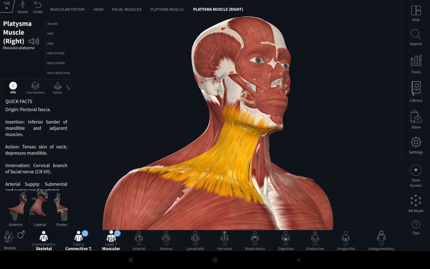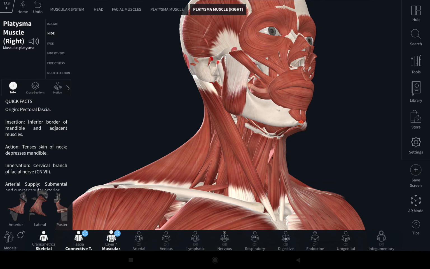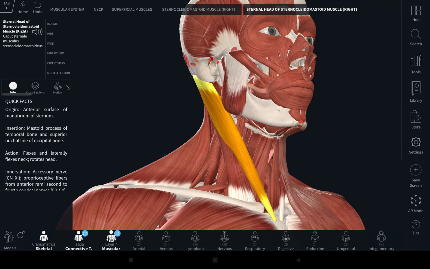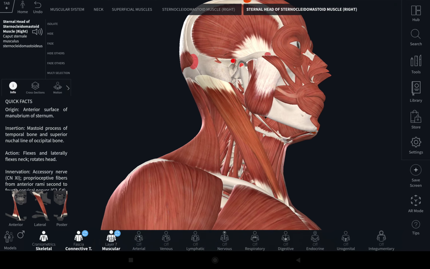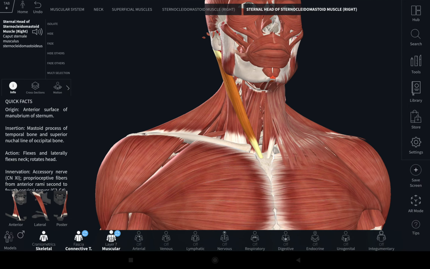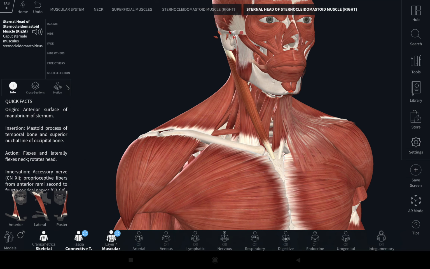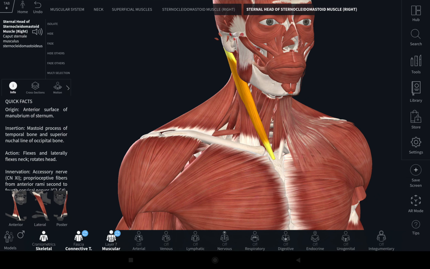If we remove the platysma muscle, the muscle exposed here is the sternocleidomastoid muscle. This is the sternal head of sternocleidomastoid muscle, which inserts in the sternum of the body, and it has another head which is called the clavicular head of sternocleidomastoid muscle.